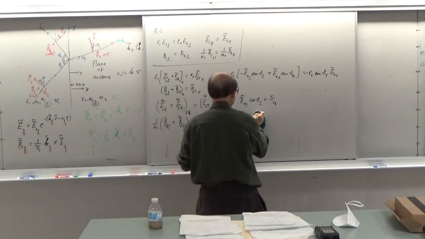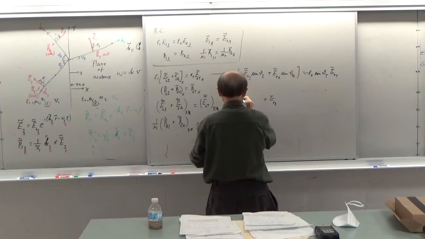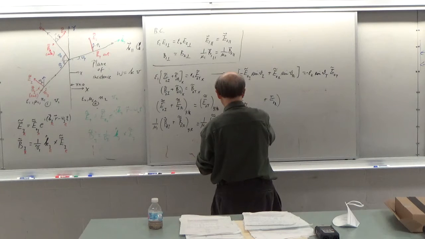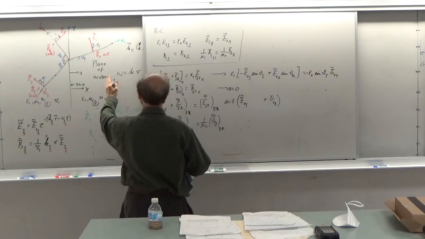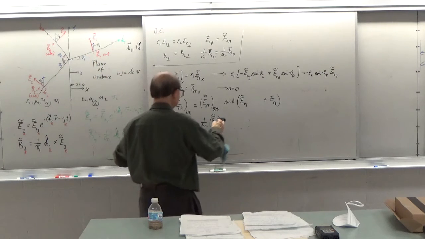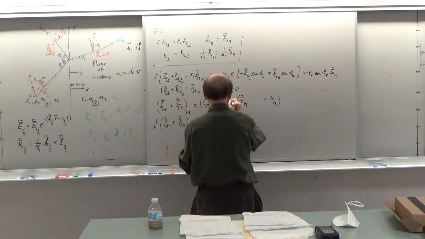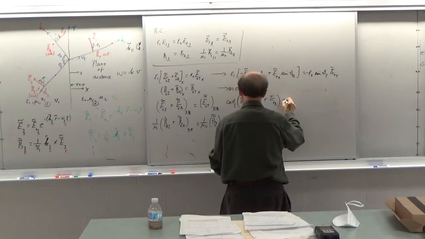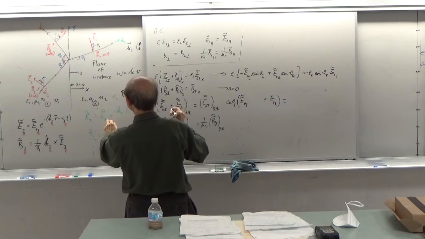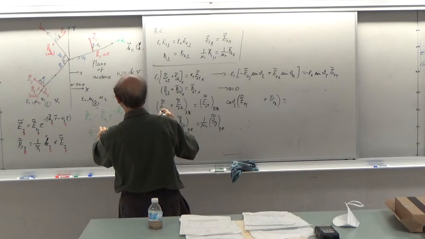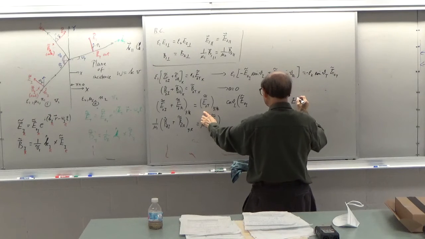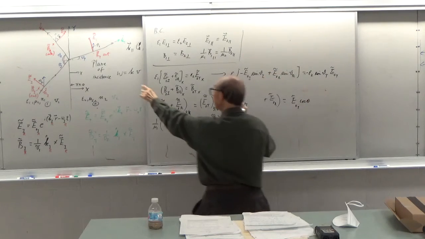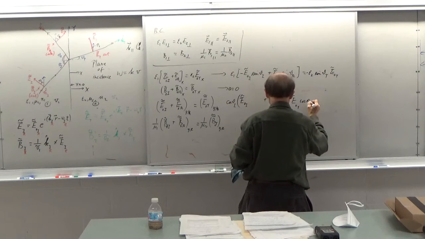So I may as well pull out the cosine of theta I, and that's equal to E_0T complexified times cosine of the transmitted angle theta t.